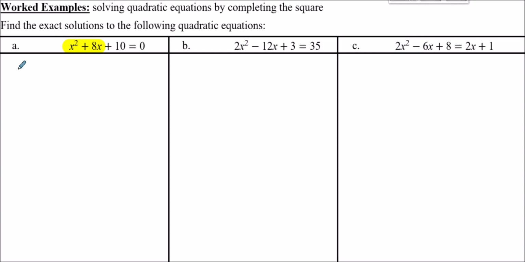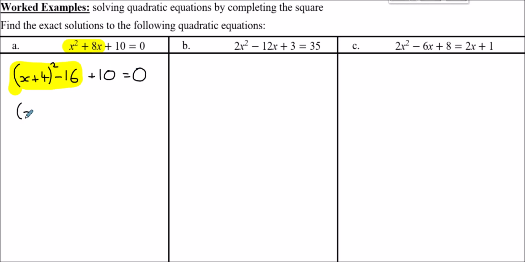And so what we're going to have first of all is x in the brackets, half of this coefficient, half of it becomes 4, and all squared. We subtract off this term all squared, so we minus off 16. So this bit in yellow becomes this bit here. And finally, plus 10 equals 0.